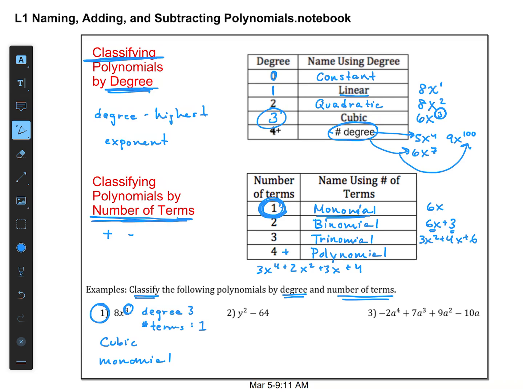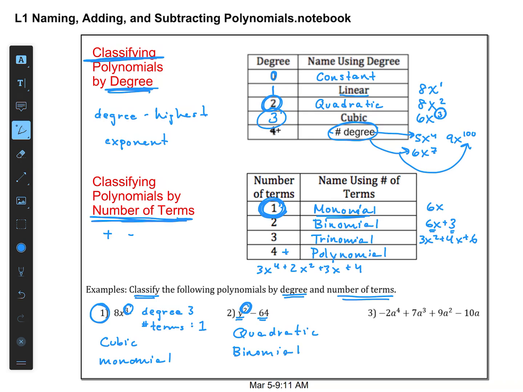For the next one, we want to look at the highest degree, or the highest exponent. The degree here is 2. Once we see a degree of 2, we think quadratic. So this is a quadratic. And then there are two terms, the y squared and the 64. So when we have two terms, that's a quadratic binomial.